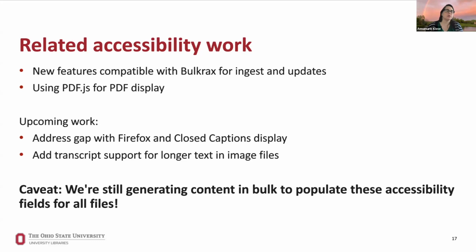And the biggest caveat to be aware of is that we're still working on generating all this content to make things accessible. So unfortunately, we had to give you specific examples because this is something that we are working on as an organization, including our policies.